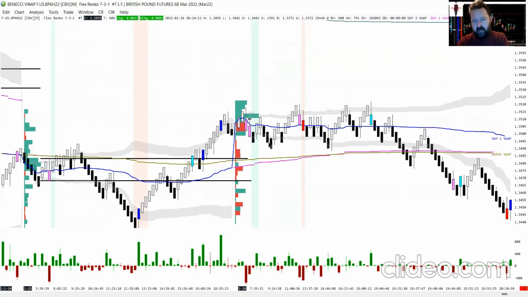So the best thing to do in that situation, I know all these people are trying to buy here, but the sensible thing would be to fade the extremes. So from here, you could fade 2 standard deviation, fade back to VWAP. I mean, you're only looking at about 10 pips, so it would only be a scalp, but you could fade back to VWAP and take some profits.